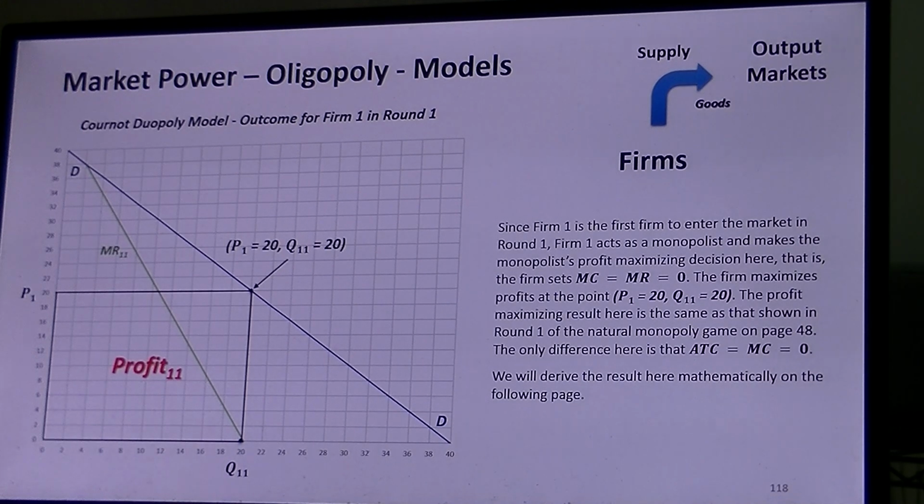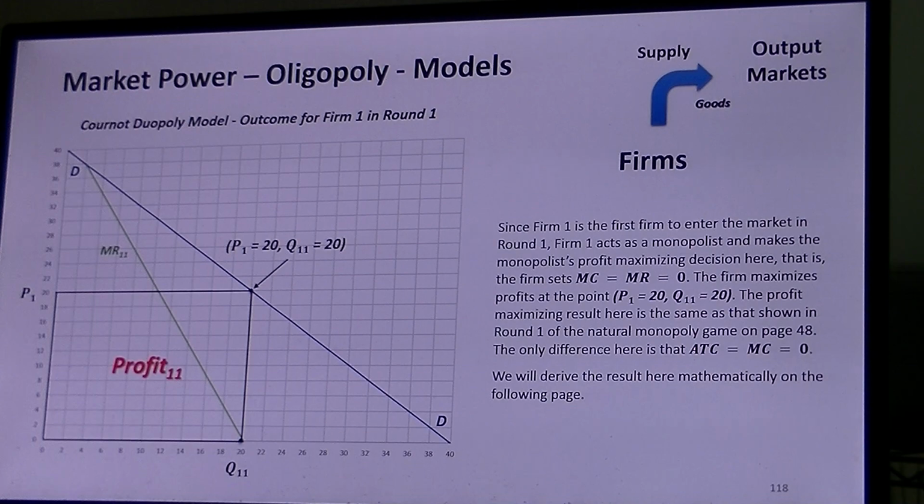And you'll note that that profit maximum result is the same as that shown in round 1 of the natural monopoly game on page 48. We've used the same demand function here, so we get the same outcome. The only difference here in the outcome is that the average total cost equals the marginal cost, which is 0.